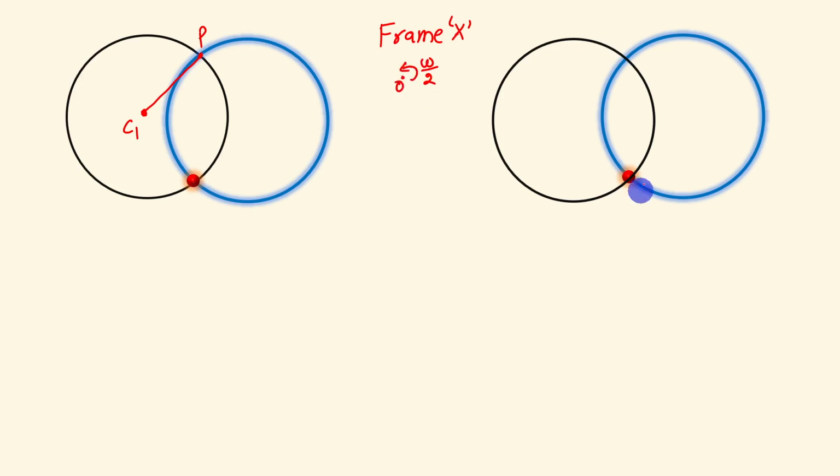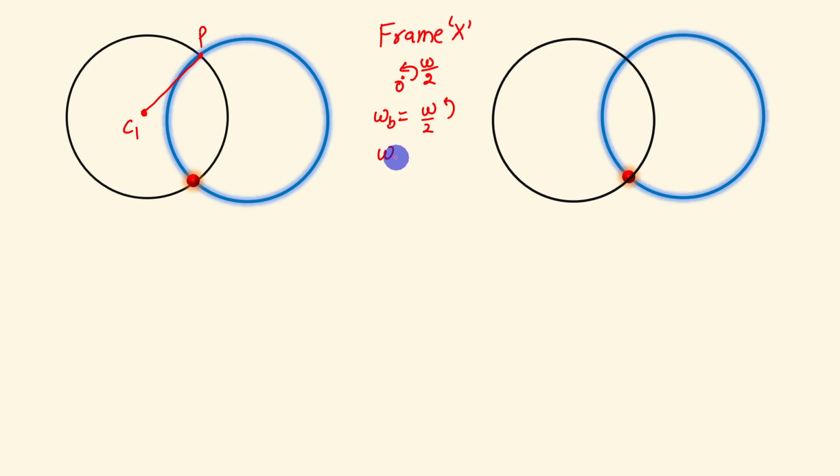So in this particular frame of reference, the angular velocity of this blue ring is going to be equal to omega minus omega by 2, that is omega by 2, right? So omega of blue ring will be equal to omega by 2 in the anti-clockwise direction. But now in this rotating frame of reference, as the observer is rotating anti-clockwise, what it observes is that this black ring will appear to be rotating clockwise, right?